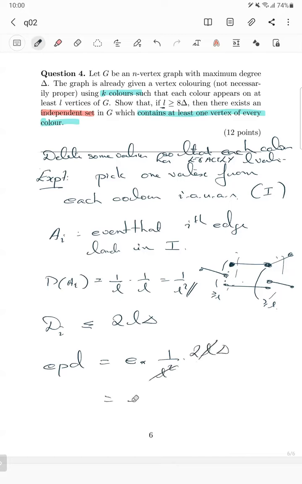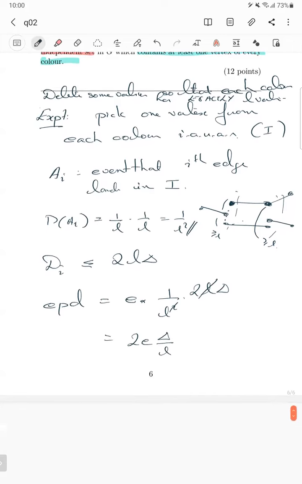So this is 2E into delta by L, but L is at least 8 delta. So this is 2E by 8, which is less than 1. Okay, so that's the idea.